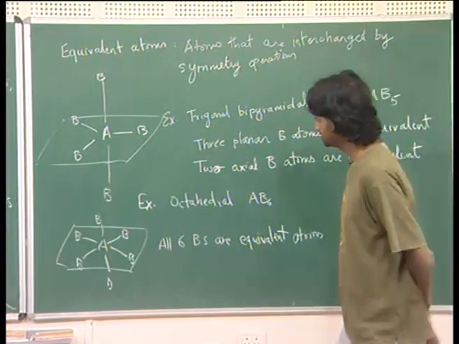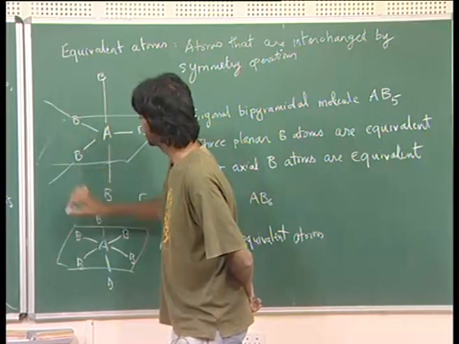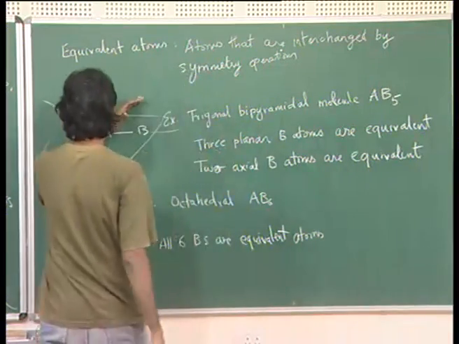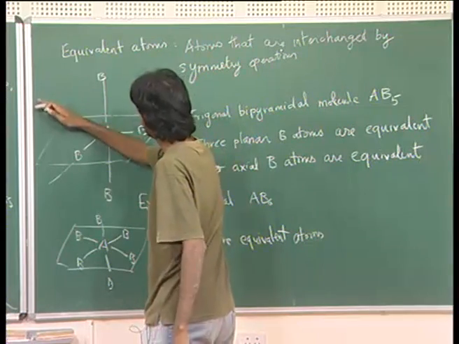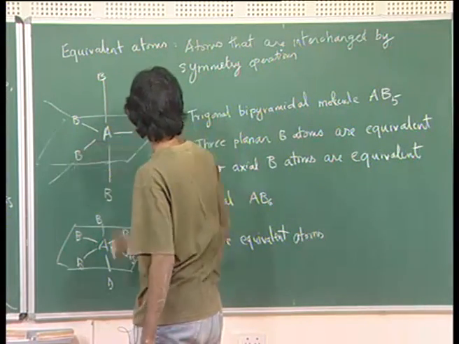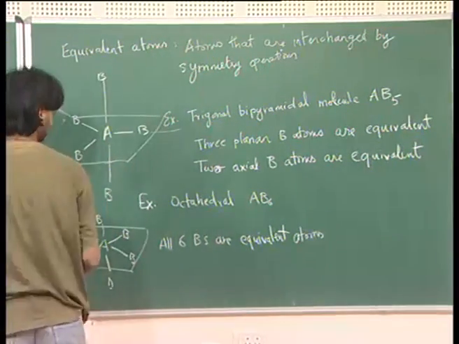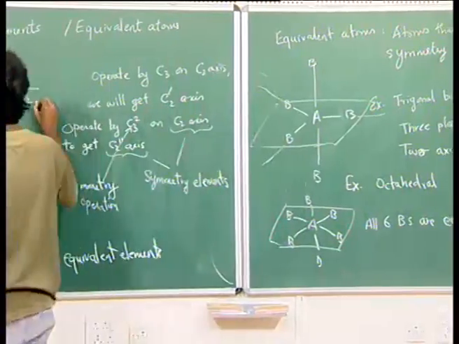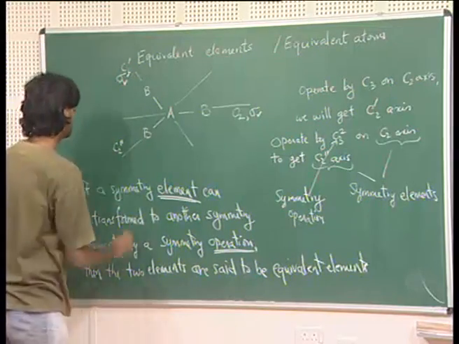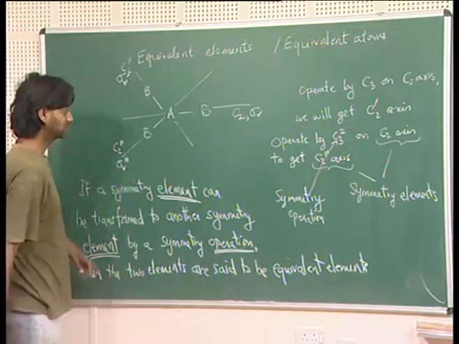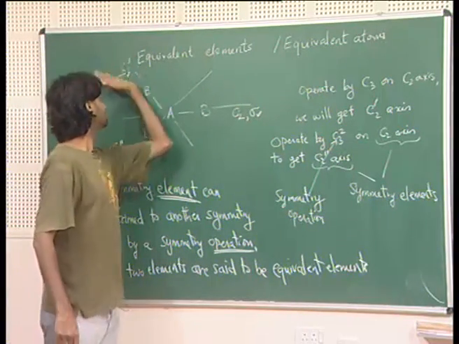Now, in this case, you have 3 C2 axes, you have 3 sigma V planes, and you have these 3 sigma planes, and the sigma planes are also equivalent. Just as here, if you had a sigma V prime, sigma V double prime. This plane, when you rotate by 120 degrees, will become this plane.